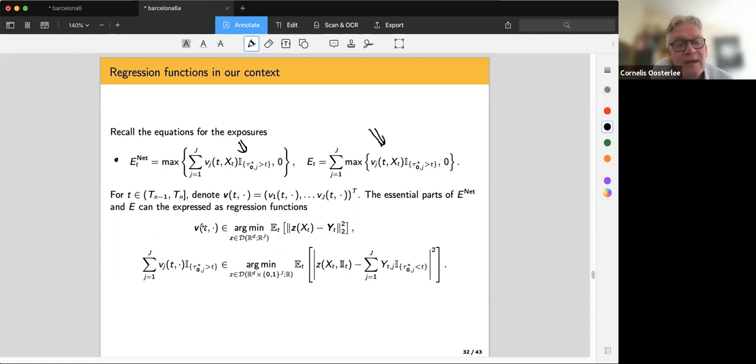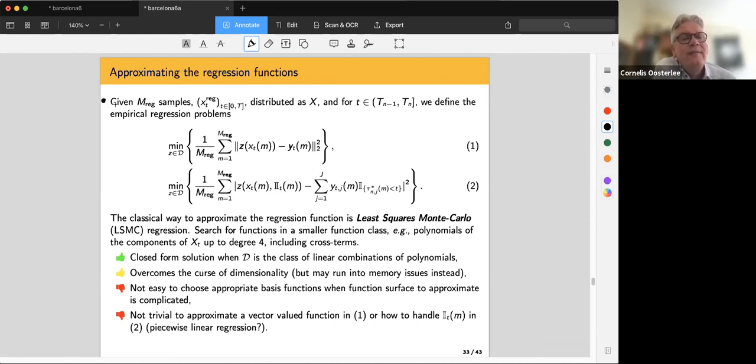So V_t is in the arg min of z of the expected value of z minus y squared in 2 norm, and we look for a sum of portfolio values where it has not yet been exercised. That's the arg min of z in a d-dimensional function. And we look for the expected value of z minus the sum of all these vectors squared. So we look for a regression for the whole portfolio simultaneously.